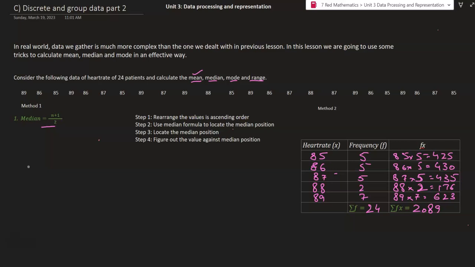So the lowest value is 85. How many times is there an 85?